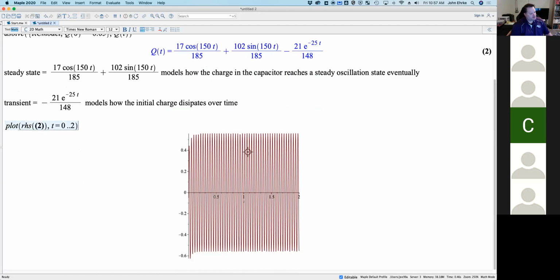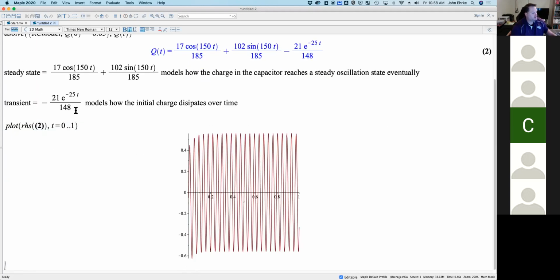Even over the first 2 seconds, you can see that it starts out at an initial charge of -0.5, and then it immediately bumps up, and then it kind of levels off at some point. I'm still not seeing a lot of great information, so I'm going to make it smaller. This is over the first second. Now maybe we've got a better view of what's going on.